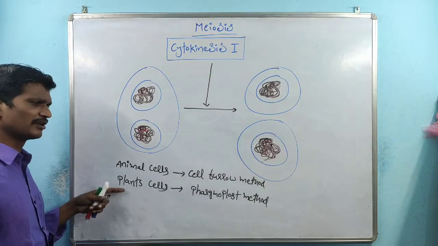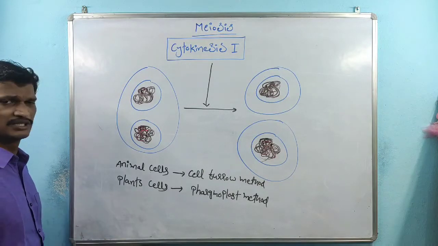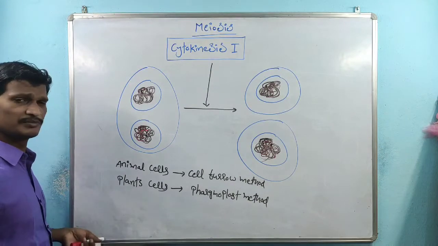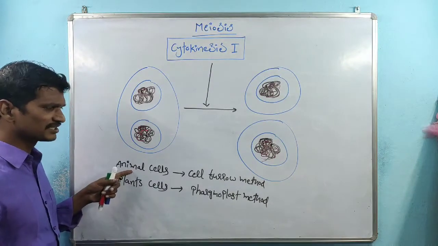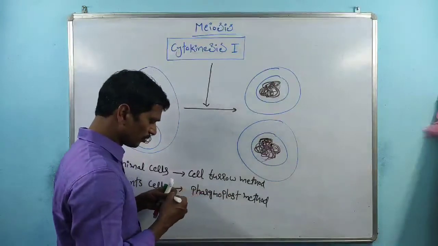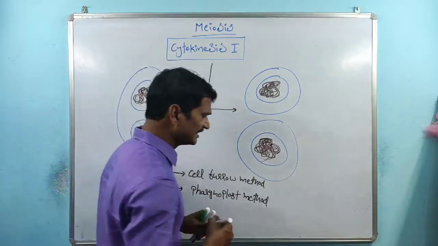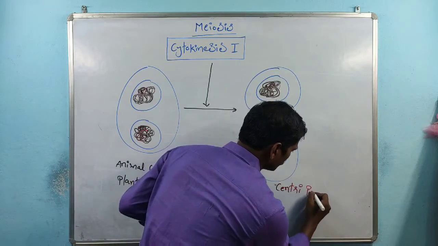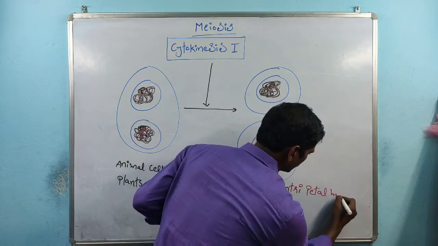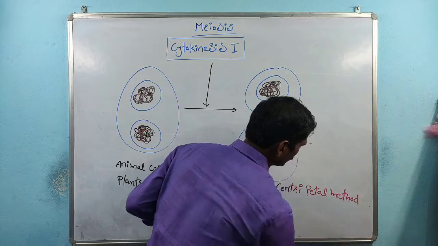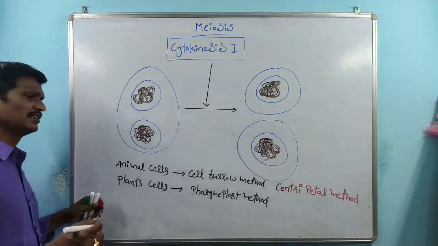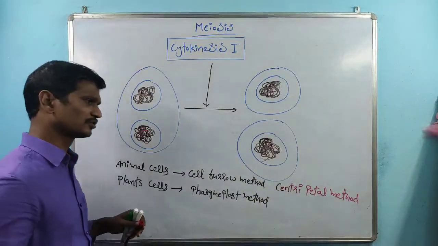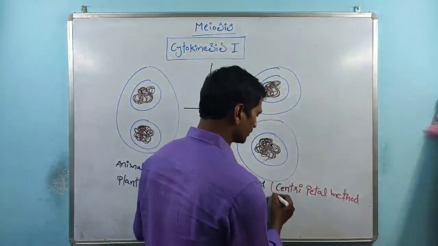The phragmoplast method is also called the cell plate method. There are other names here too. Animal cell cytokinesis is also called the centripetal method.